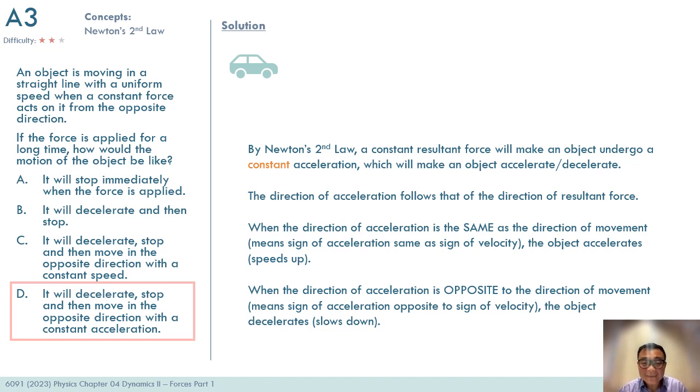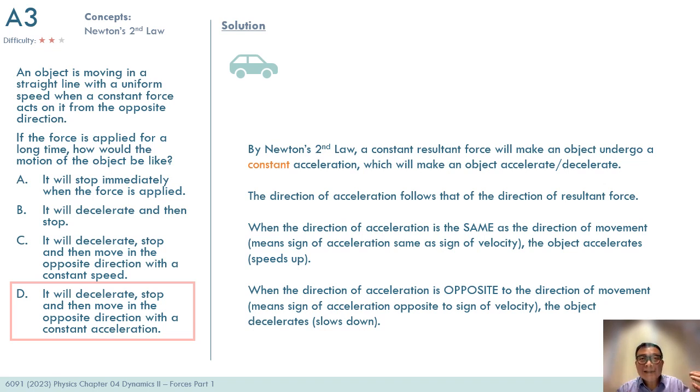Very hidden point also, but very useful. So when the direction of motion and the direction of acceleration is the same, then the object must speed up. Okay, when the direction of acceleration is opposite to how you're moving, then the object must slow down.